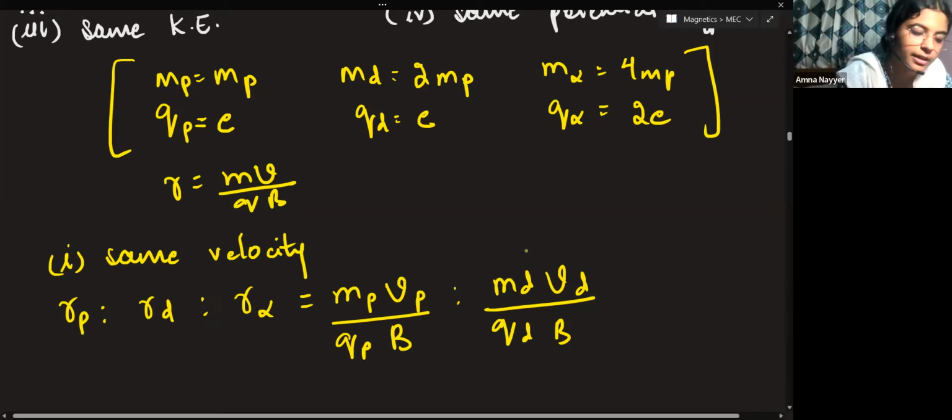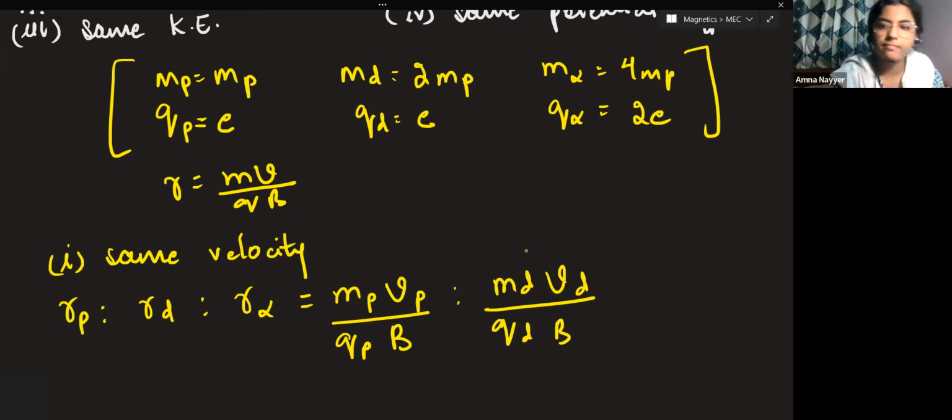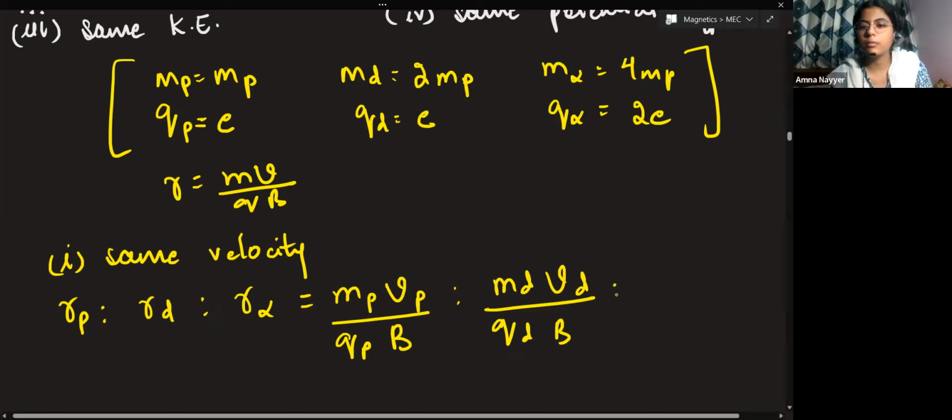This is the right answer. Yes, correct. He has done this solution correctly. So this will be what? This is to mass of alpha particle, velocity of alpha particle, charge on the alpha particle, and magnetic field.